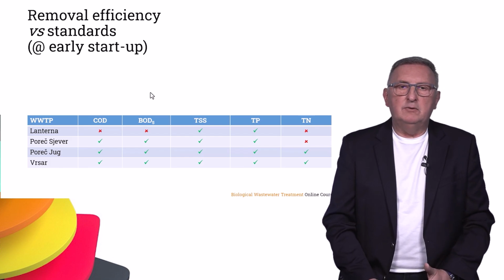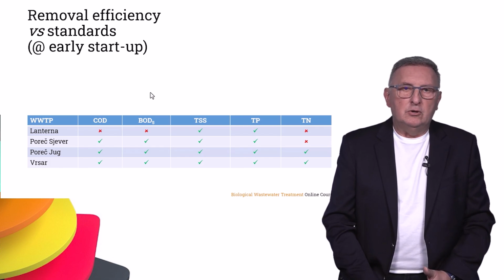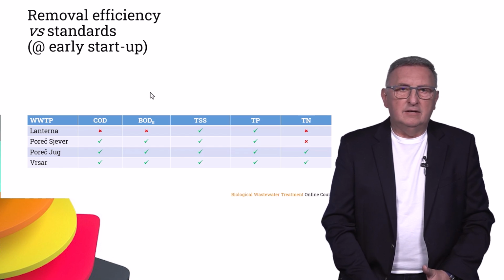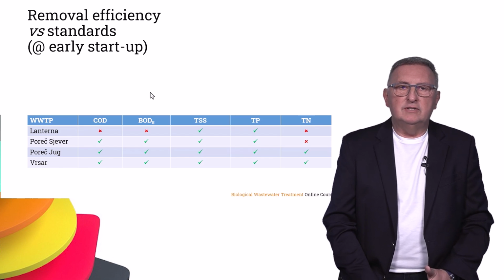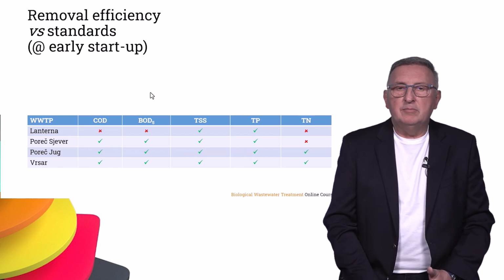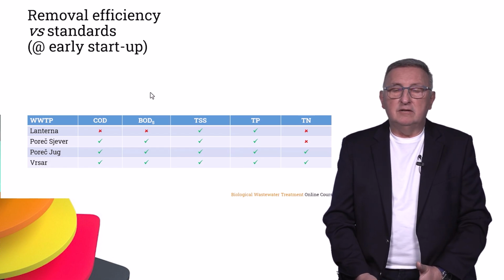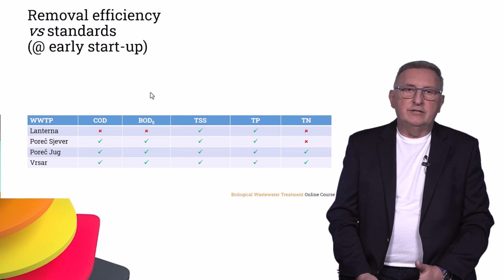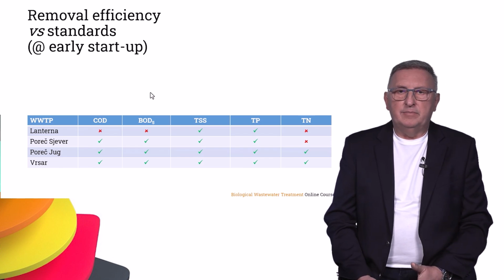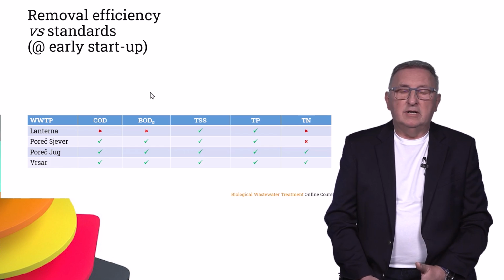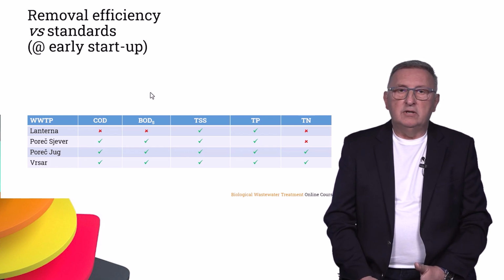However, even as a work in progress, all 4 wastewater treatment plants show quite incredible efficiency. Only the last treatment plant, which had just started, had some issues with COD and BOD, which is carbon removal, and with nitrogen removal, because the system was not yet fully operational. But all the others, even at the very beginning of the startup phase, showed a really high level of carbon removal, and suspended solids removal in all 4 cases.